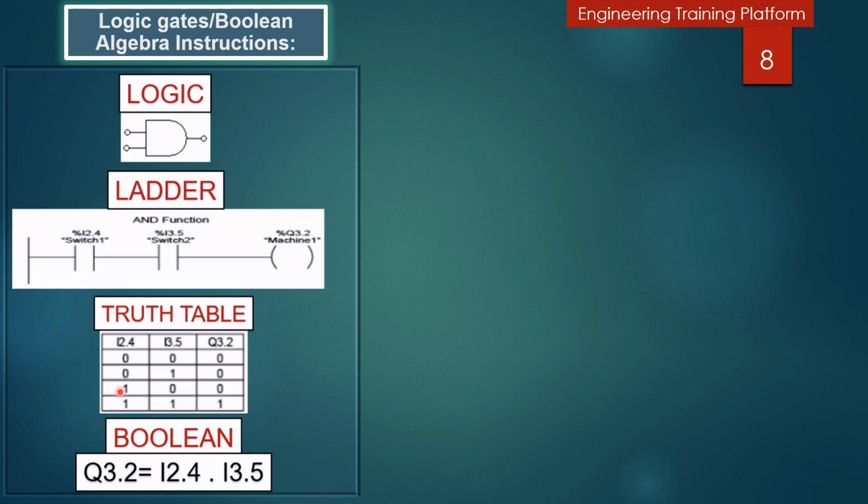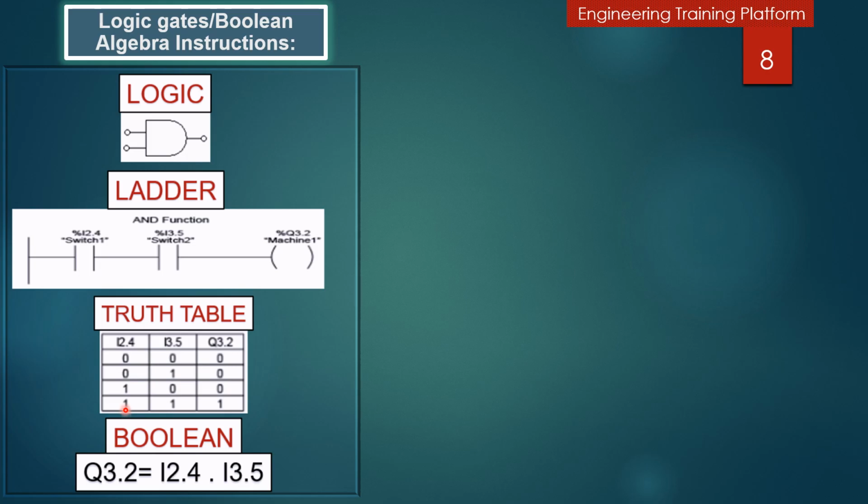For the next, if I2.4 is logic 0 and I3.5 is logic 1, if you multiply 0 by 1, the result will be 0. And for the third one, if I2.4 is 1 and I3.5 is 0, if you multiply, the result will become 0.